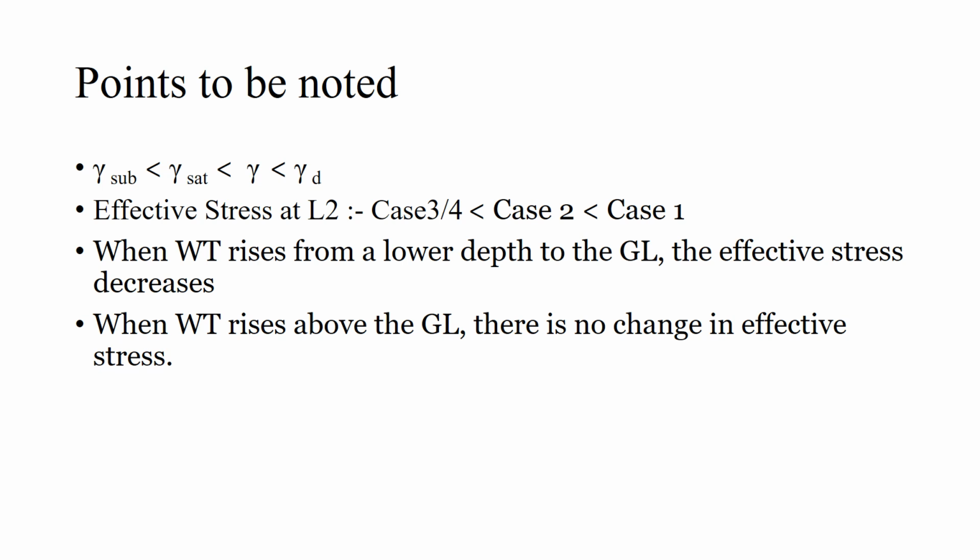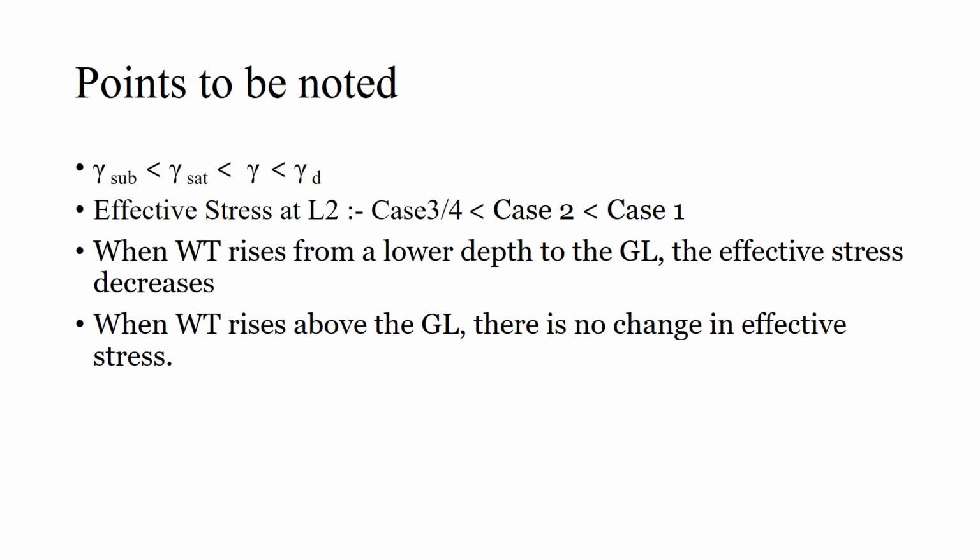When we only consider the magnitude of effective stress at level L2 for all the cases, it is good to note that for case 1, the magnitude of effective stress at L2 will be greater than that of case 2, which will be again greater than case 3 or 4.